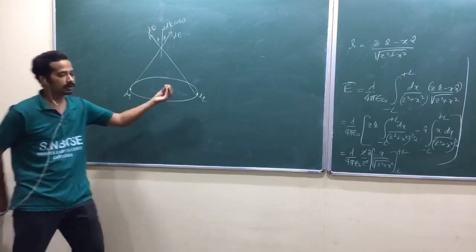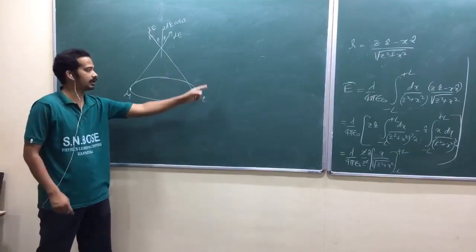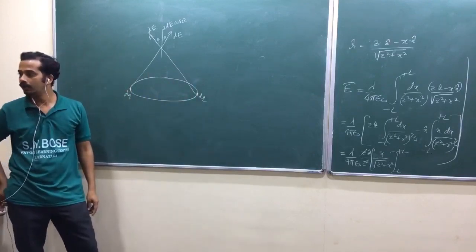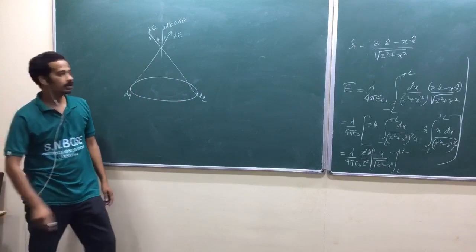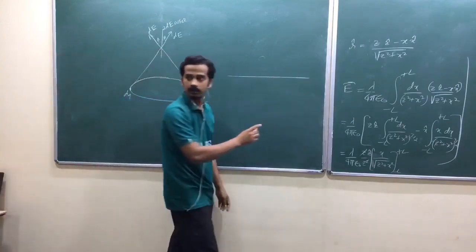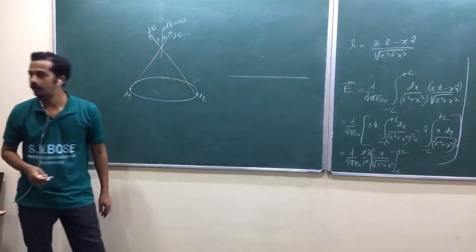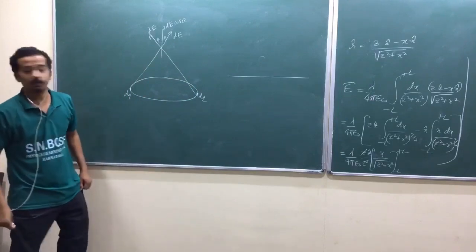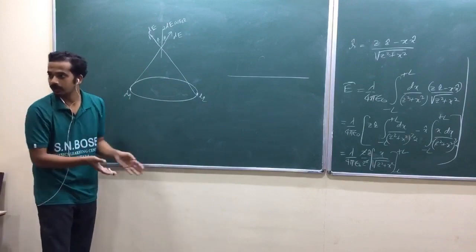So if you take only one elemental charge, then the integral of dl, write it as 2 pi r. Are you talking about the earlier problem? Okay, horizontal component. No, you have to argue. You have to argue and you have to move on.